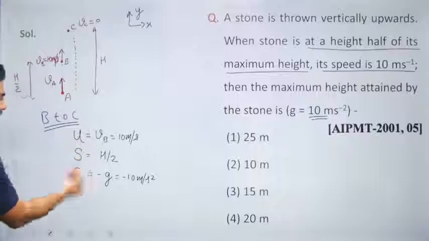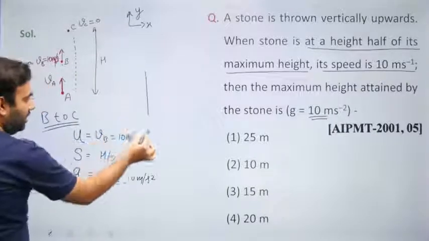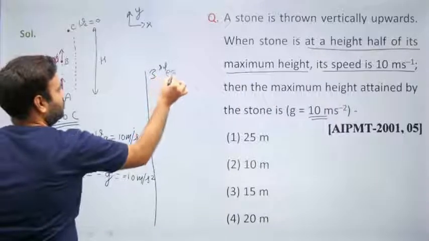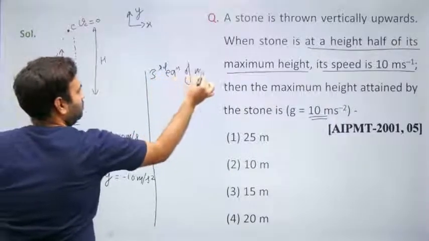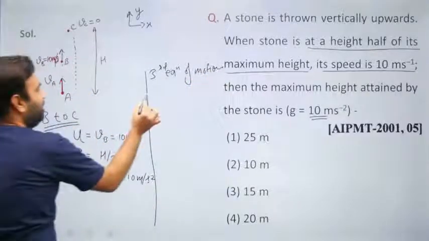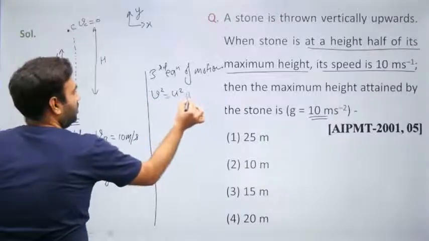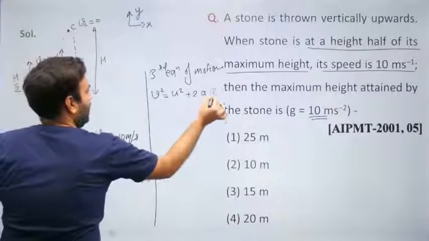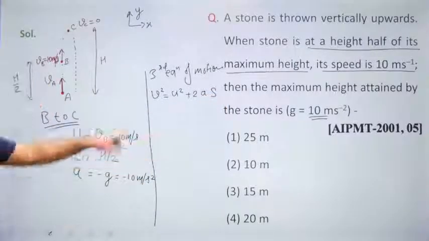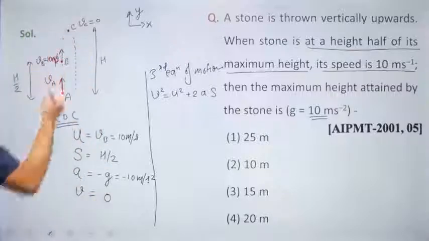So these are the values. Now, if I apply the third equation of motion from point B to C, that means v square is equal to u square plus 2as. Now, a is equal to minus g, and final velocity v is 0 at the topmost point.